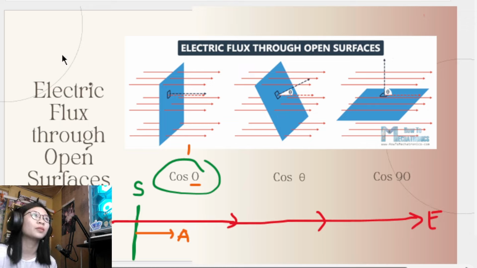For example, that is your surface. Therefore, your A is 90 degrees with that. Let's pretend that's straight.